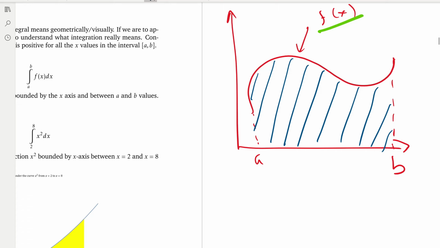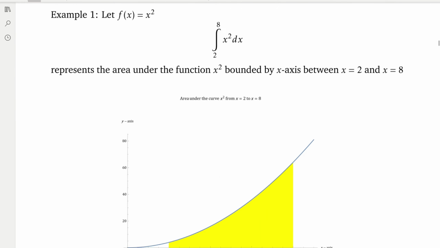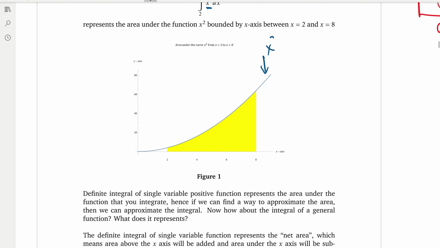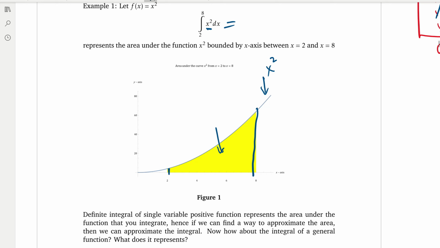Now we can find an alternative method to estimate the area. Why do we need to estimate it? Think about the function x squared. You want to find the definite integral of x squared from 2 to 8. You have this function x squared in blue, going from 2 to 8, so basically it's this yellow region. The number you get from solving this definite integral is the area of this yellow region.